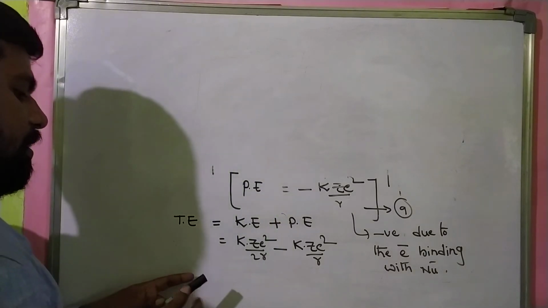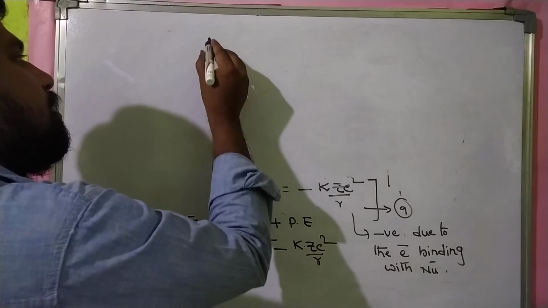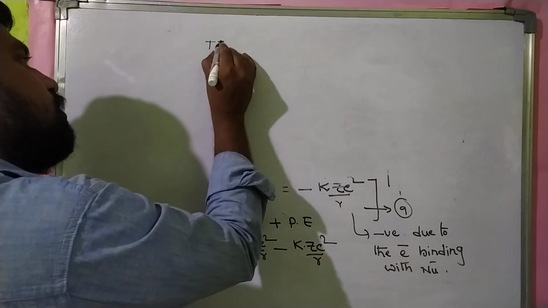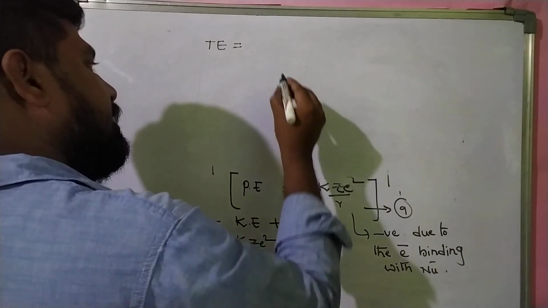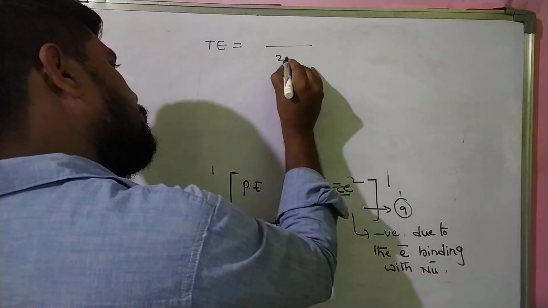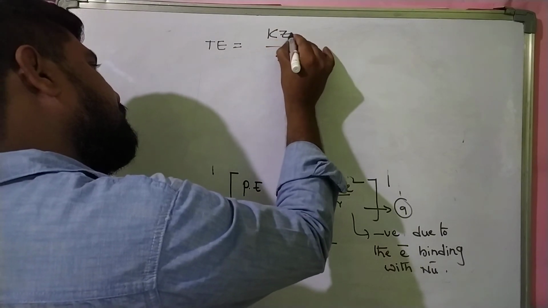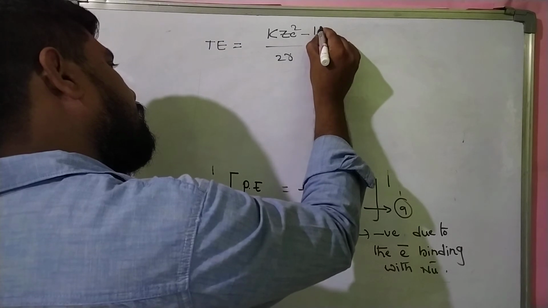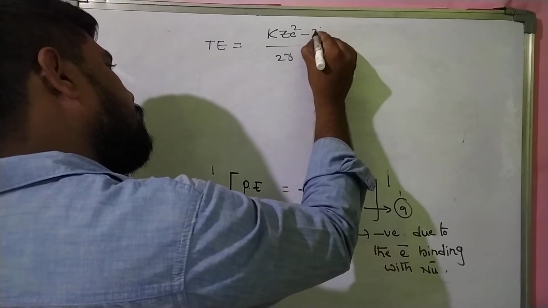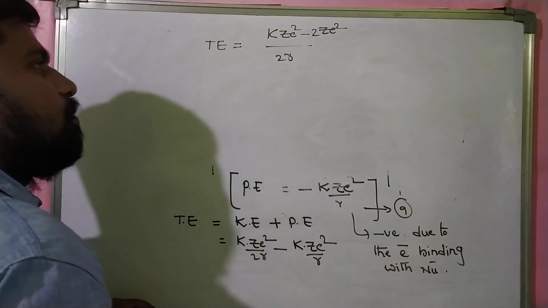Now take the LCM. Here the LCM is 2R, so total energy equals K into Z e square minus 2 Z e square over 2R.